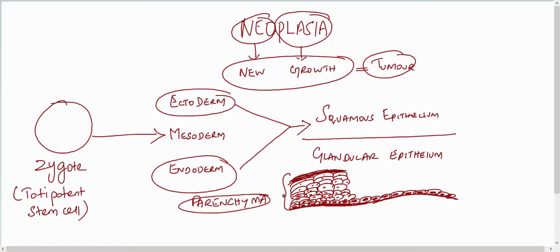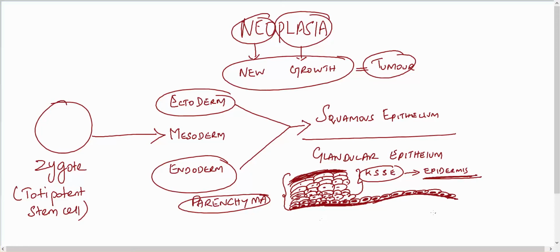This epithelium is called keratinizing stratified squamous epithelium, and it is called epidermis. The epidermis has other structures, but now you understand keratinizing stratified squamous epithelium.